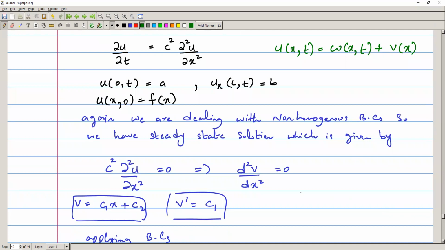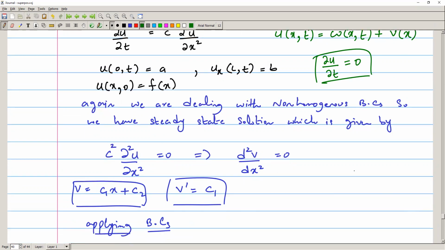Here we can see, and we know that for a steady state, dou u over dou t is equal to 0. So now the problem is simplified to this form, right? c squared times dou squared u over dou x squared is equal to 0. So this is only a function of x, right?